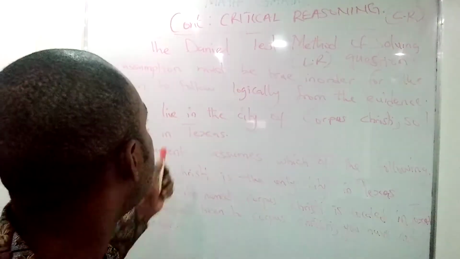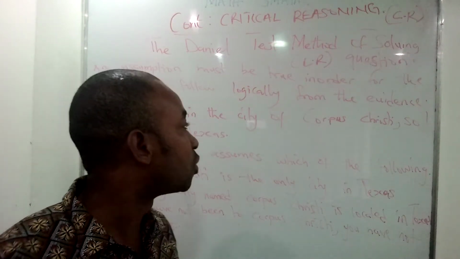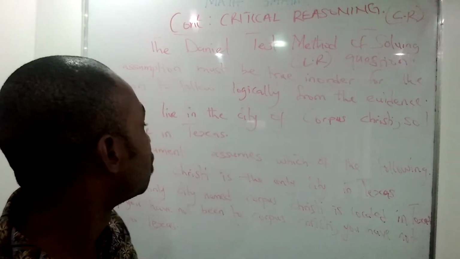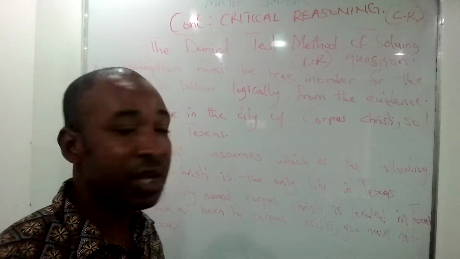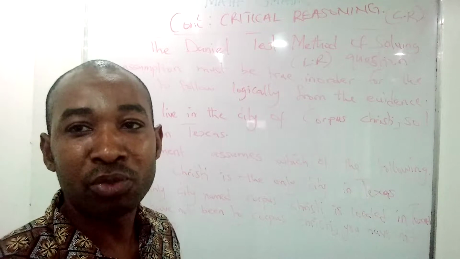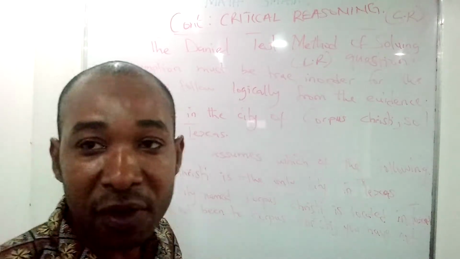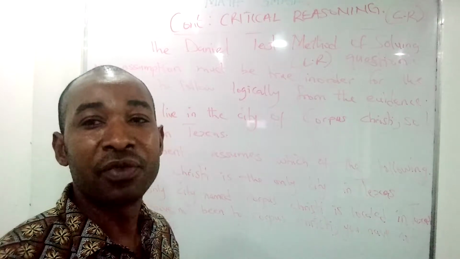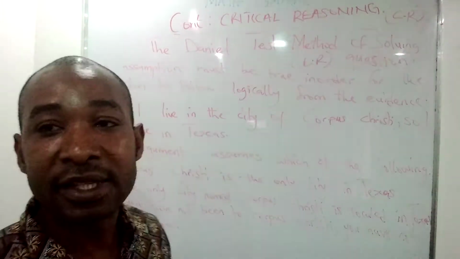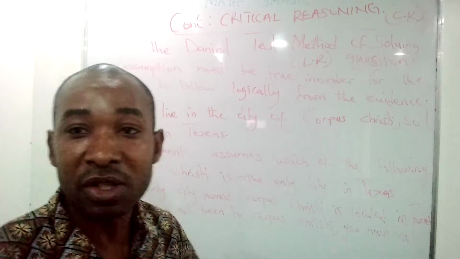So the Daniel test method is saying that an assumption must be true in order for the conclusion to follow logically from the evidence. The conclusion must follow logically from the evidence given, not straightforwardly. The Daniel test deals with critical questions, some deductive reasoning.